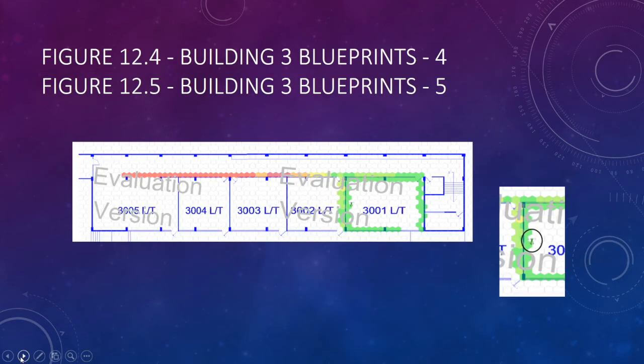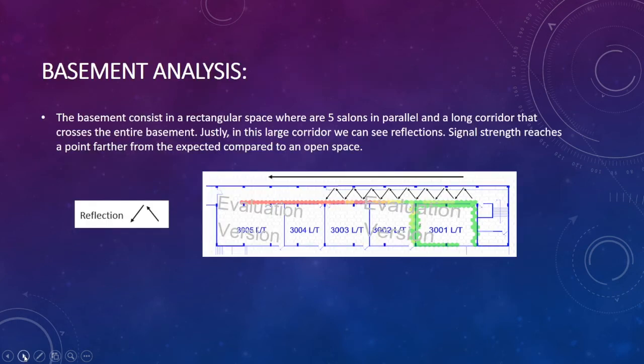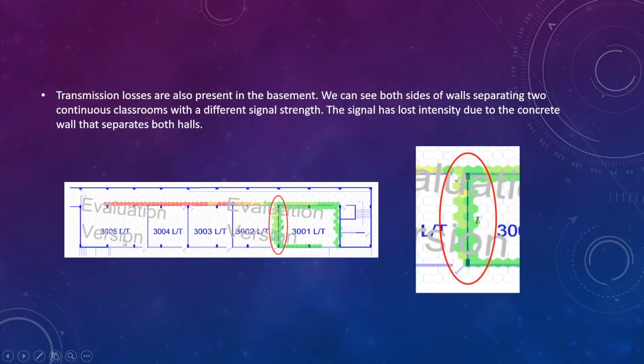For the basement analysis we also use the same software. We mark the access point right here, and for basement analysis we can see reflection because the basement is a large corridor. It's not an open space like the first floor of building 3.